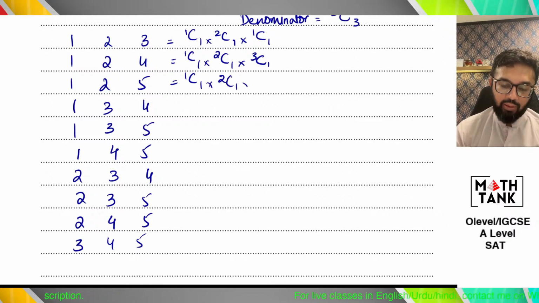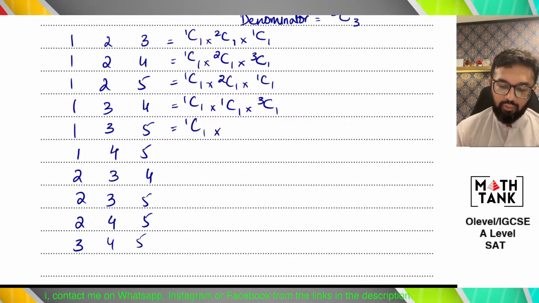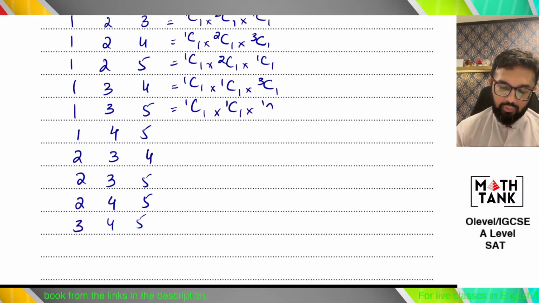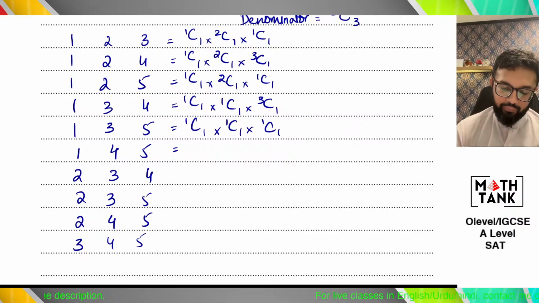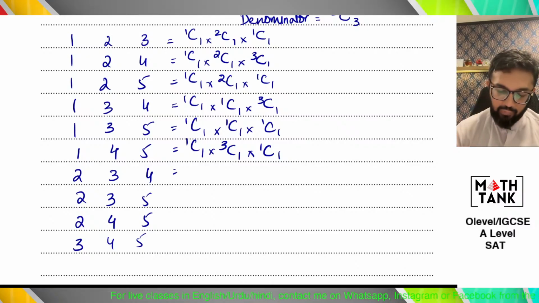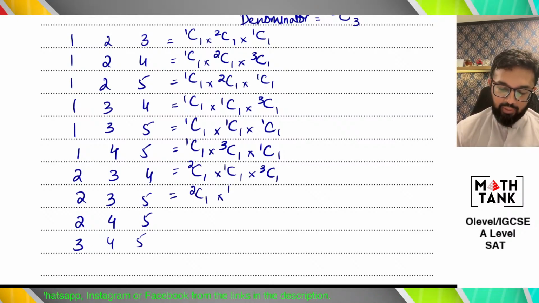That's 1C1, 2C1, 1C1, 1C1, 1C1, 3C1. 2C1, 1C1, and 3C1. 2C1, 1C1, and 2C1, 3C1.